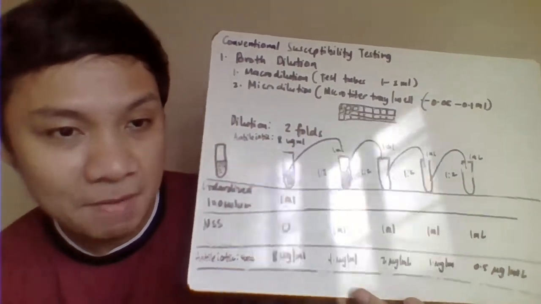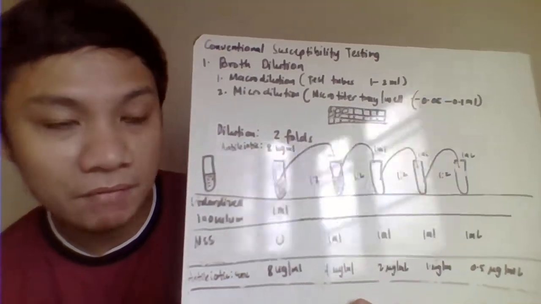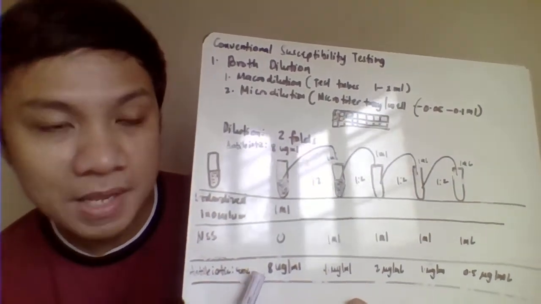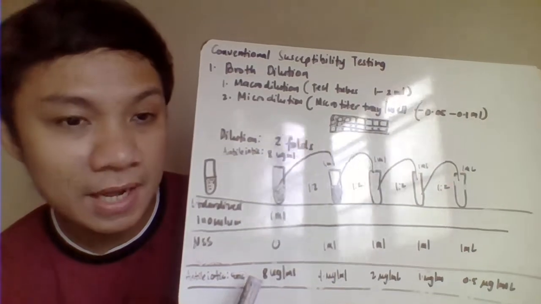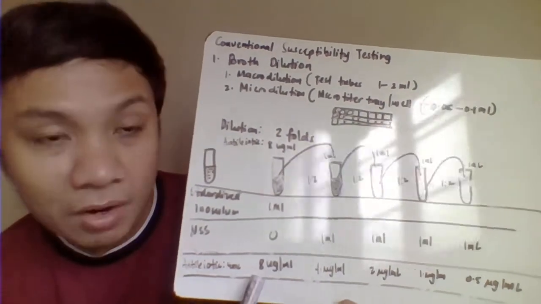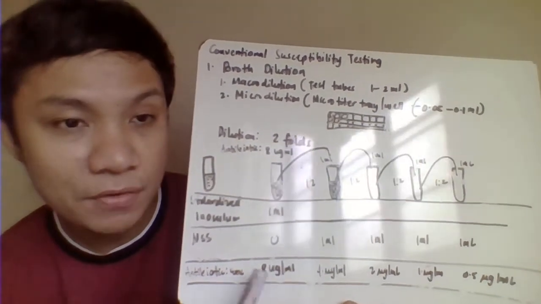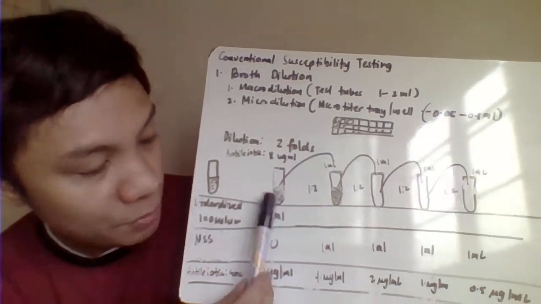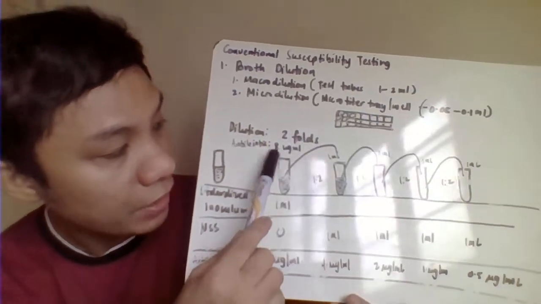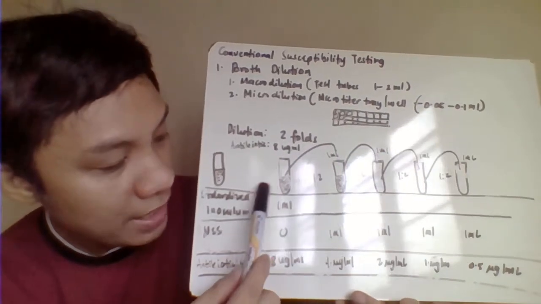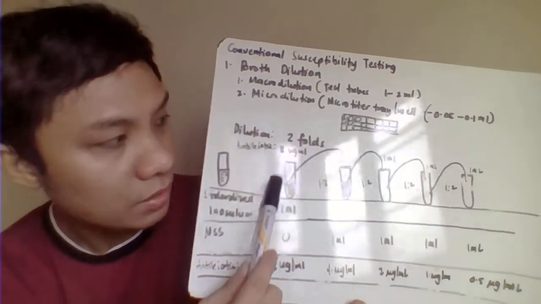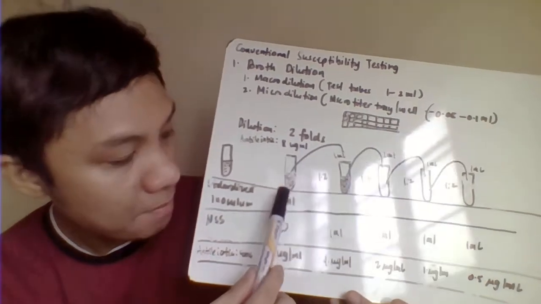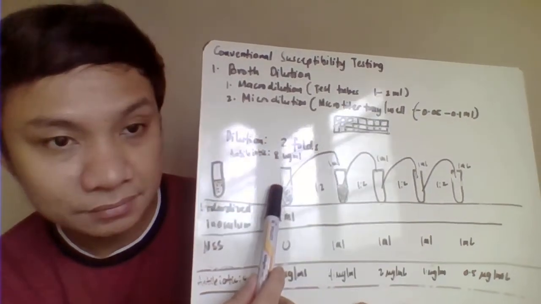Like for example, if our antibiotic would have the concentration of 8 microgram per ml, ito yung pinaka-highest concentration ng antibiotic natin. But we are going to dilute it to give you a two-fold dilution. So first tube, what you'll be adding will only be your antibiotic plus your 1 ml of your inoculum. So, pwede itong 1 ml ng 8 microgram and 1 ml ng inoculum natin.